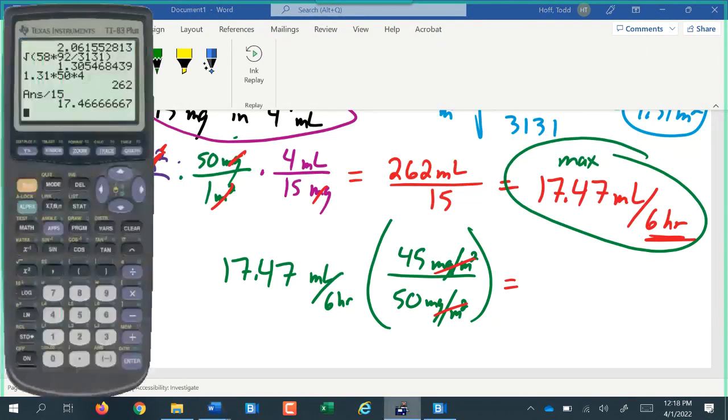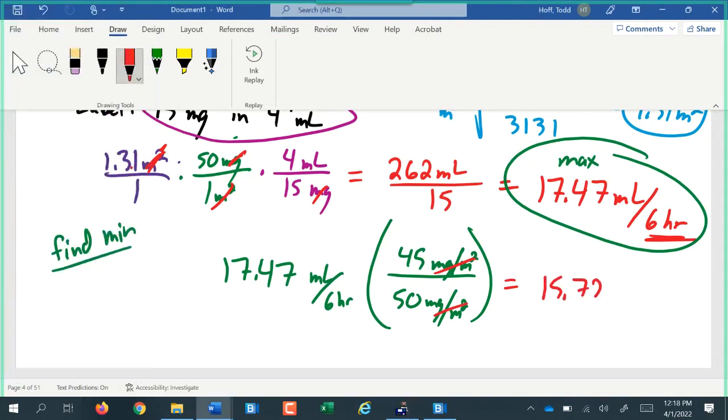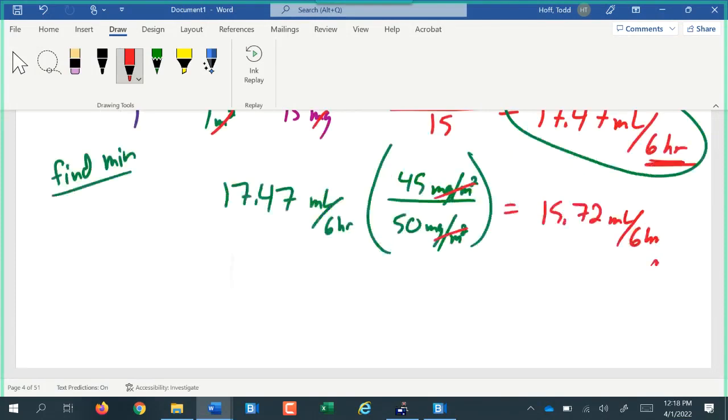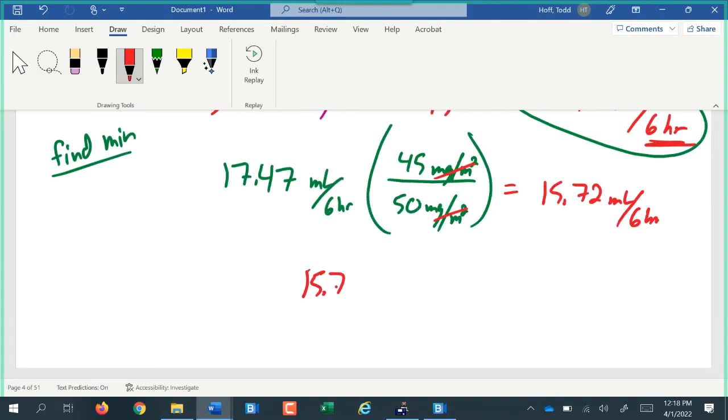We take our 17.47 times 45 divided by 50. We get 15.72 milliliters every 6 hours. So our allowable range is from 15.72 to 17.47 milliliters every 6 hours.